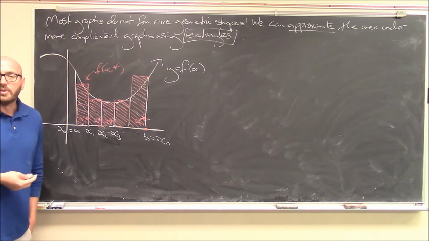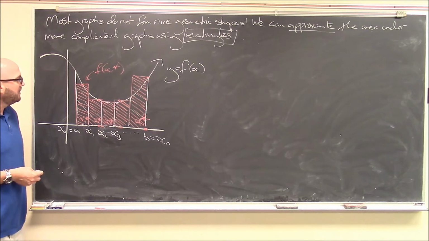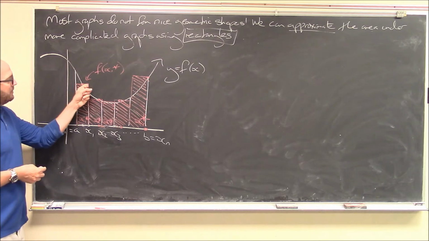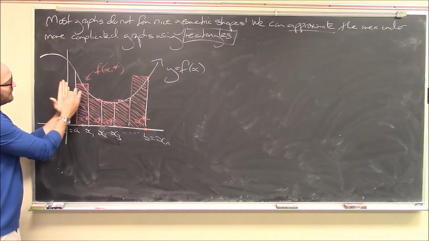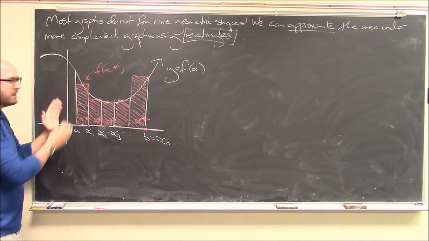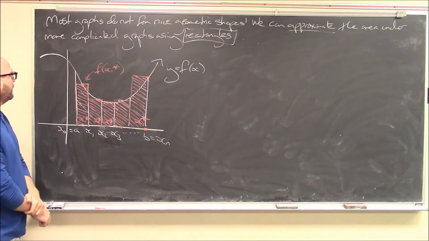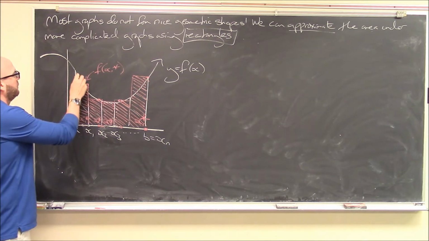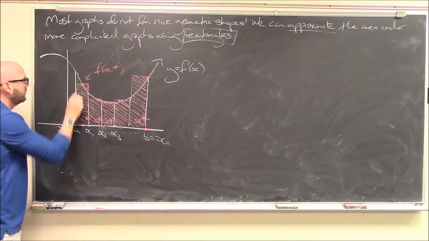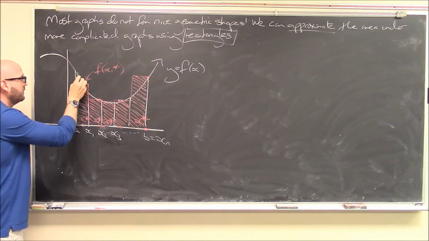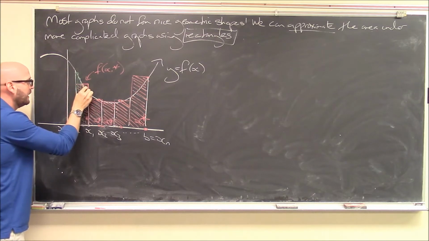How could you make this approximation better? Well, the most obvious thing you could do is reduce this overhang and the amount that I miss by making each rectangle thinner. If I make it thinner, it would fit under the curve better. So how about I take thinner rectangles and put these under the curve.